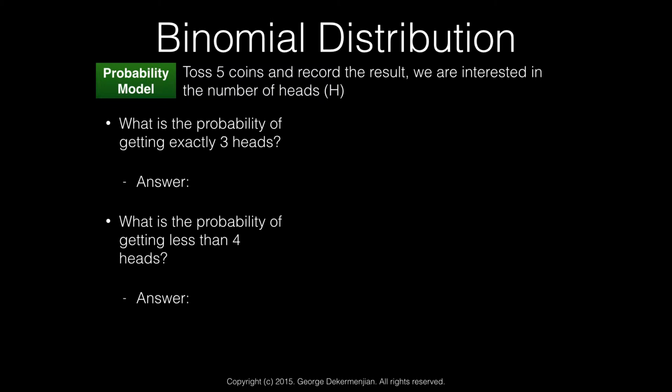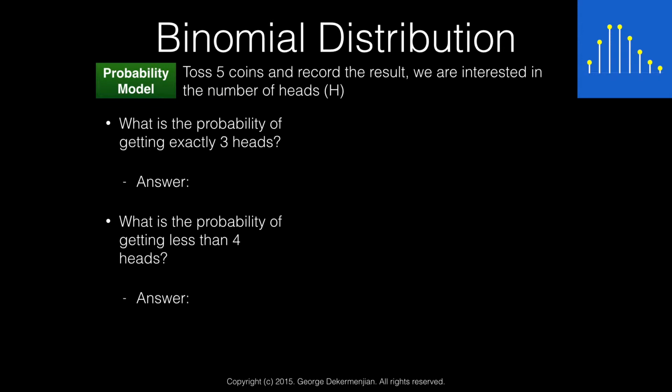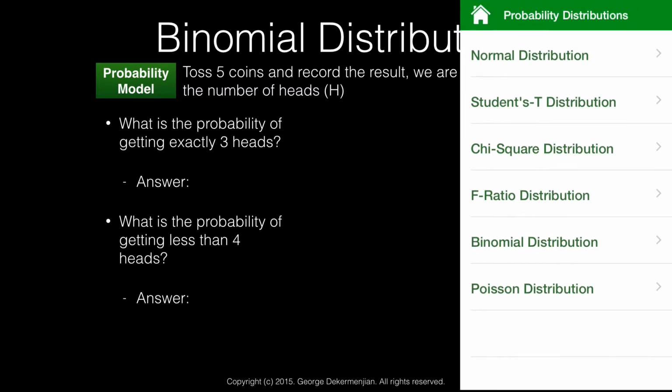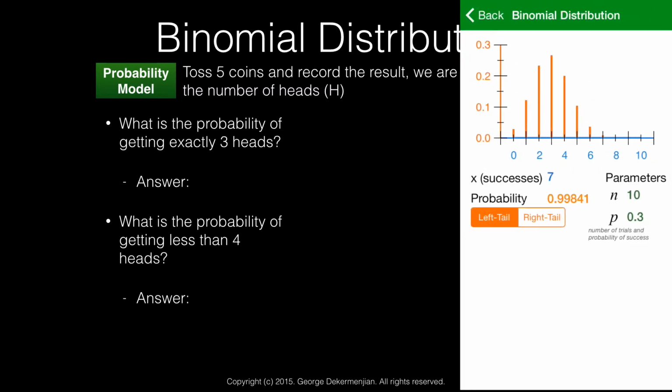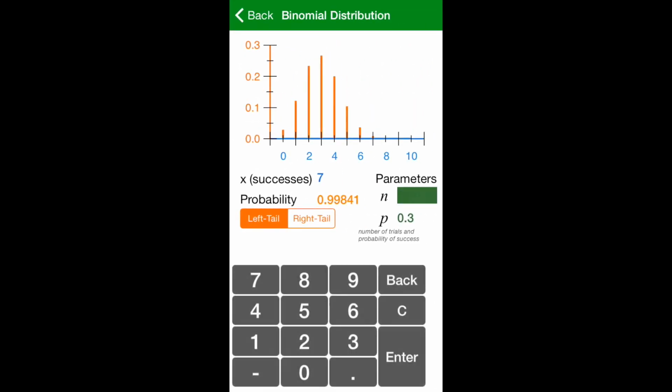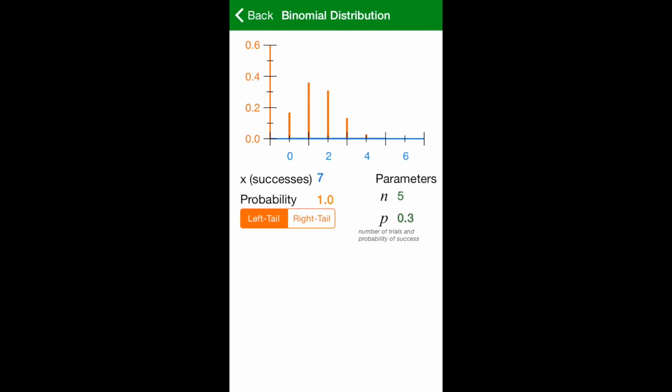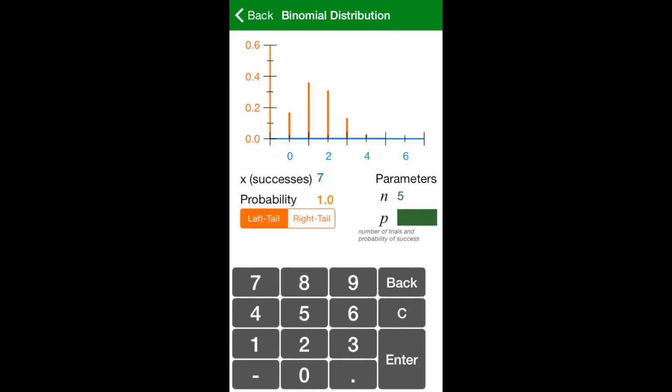And instead of using the formula, we're just going to jump to this Stats Lab app, tap on probability distributions, go to the binomial distribution, and we've got to change a couple of things here. First, we're going to change the parameters. The n should be 5. P, which is probability of success, should be 0.5.